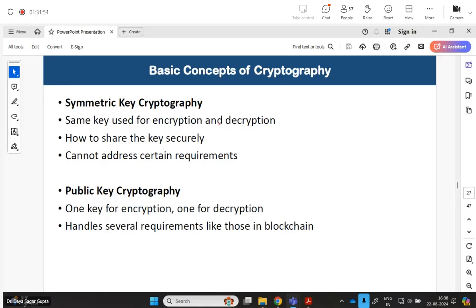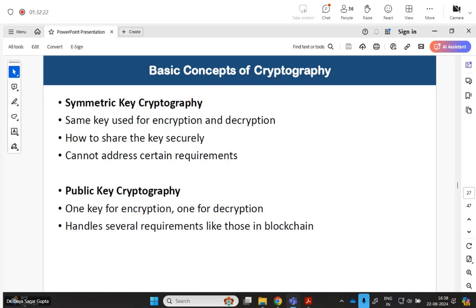So in symmetric cryptography, whatever key is used to encrypt this message, the same key will be used for decryption. So for any communication between two persons, sender and receiver, the key already exists with both. Otherwise, they cannot go ahead with the communication. Are you getting my point?